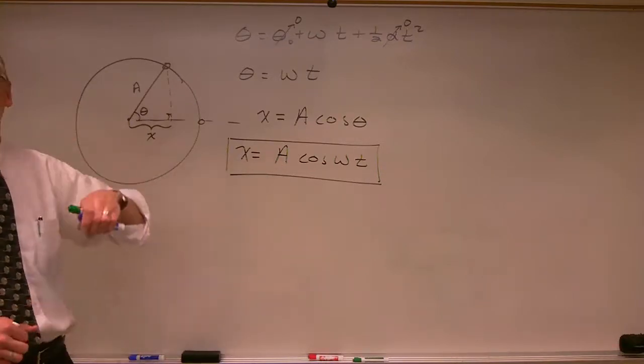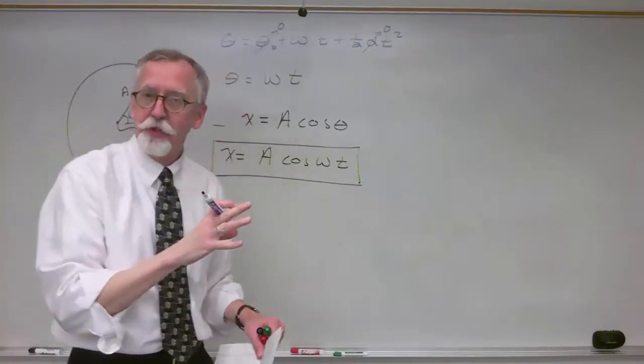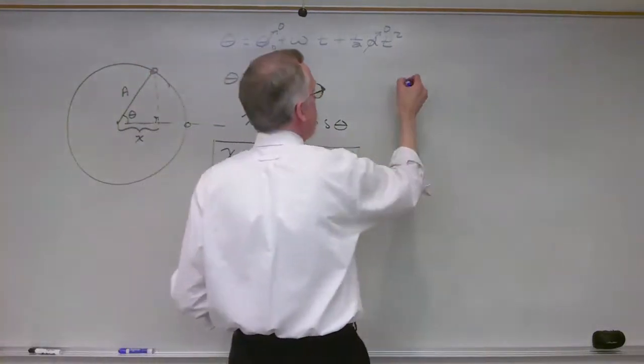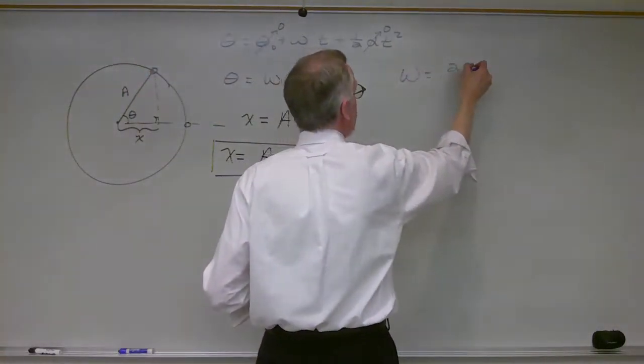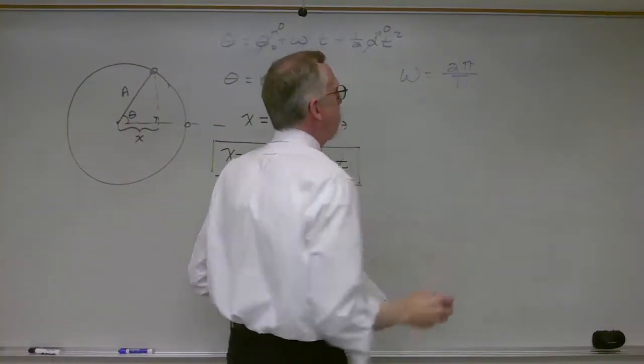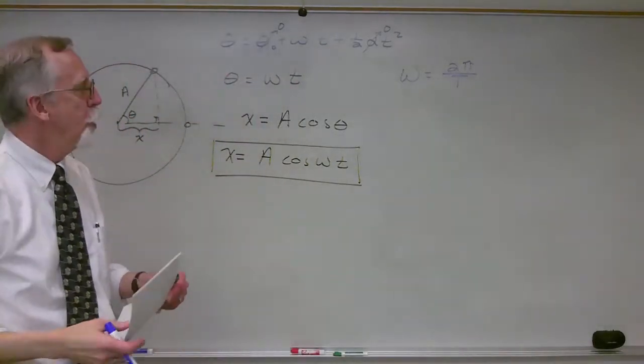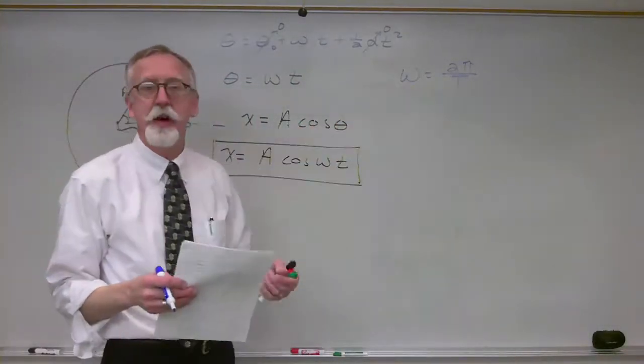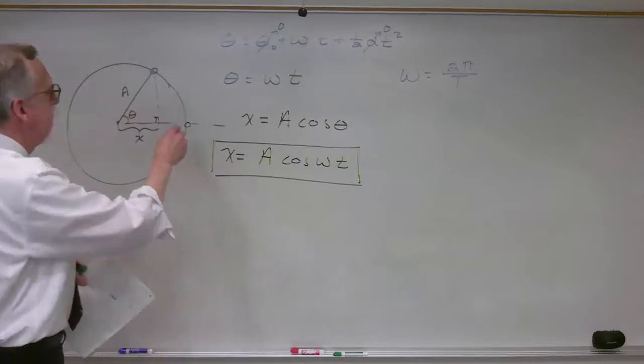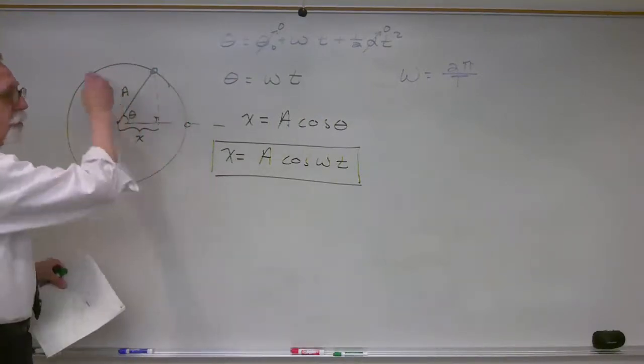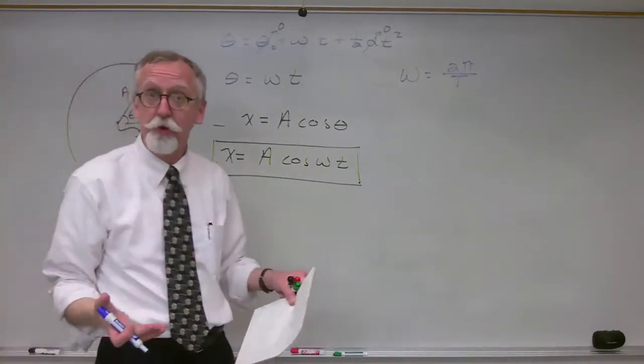So there's our position. Now if we go back to uniform circular motion, we can remember that omega was equal to 2 pi divided by the period, which basically told us the number of radians that the circular motion was rotating through per second.